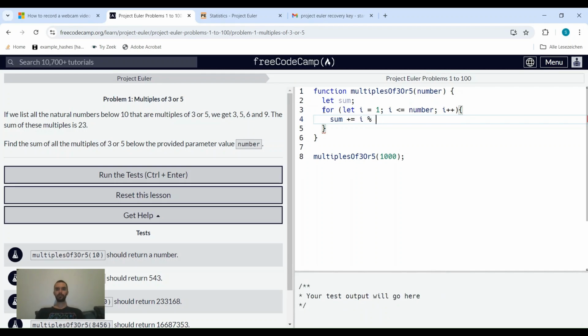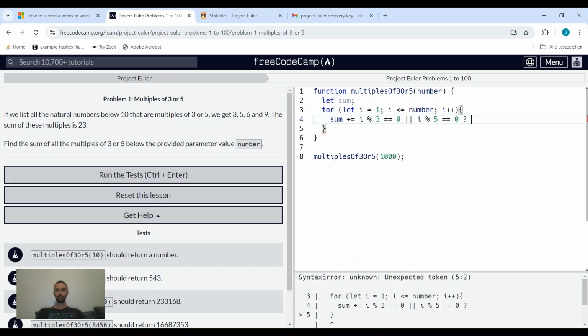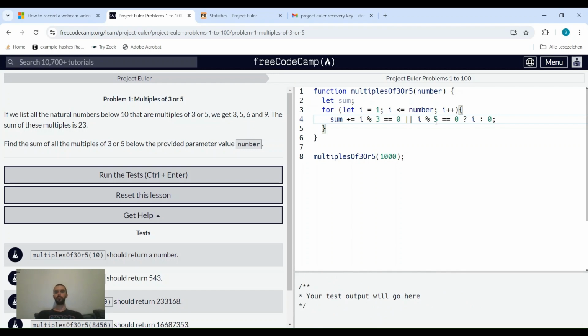So we simply check, is it divisible by 3 or is it divisible by 5? And if yes, we are going to increment the sum by i, and if not, we're not going to increment it, or increment it by 0.